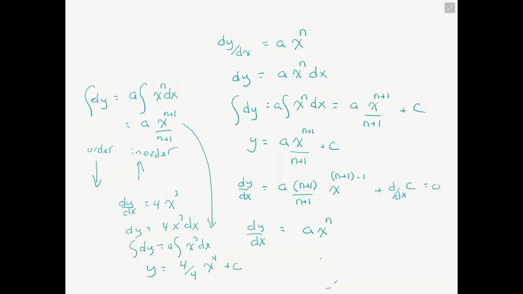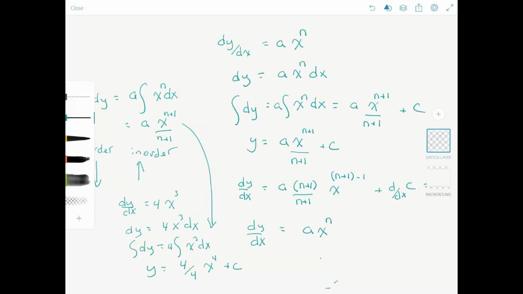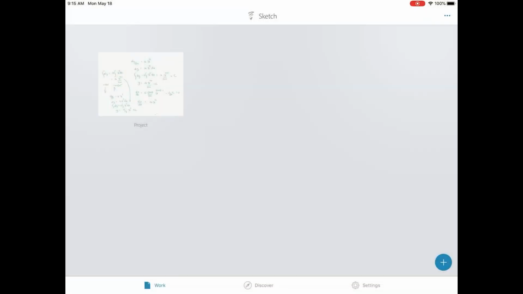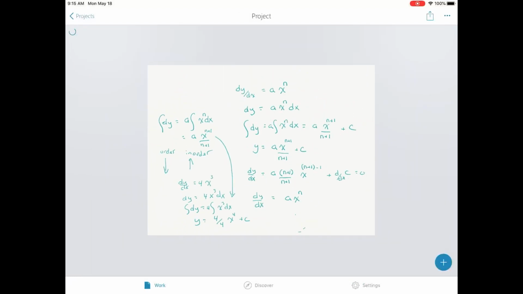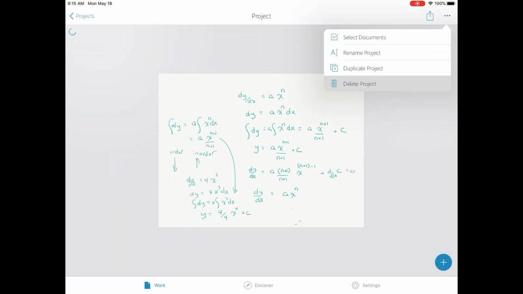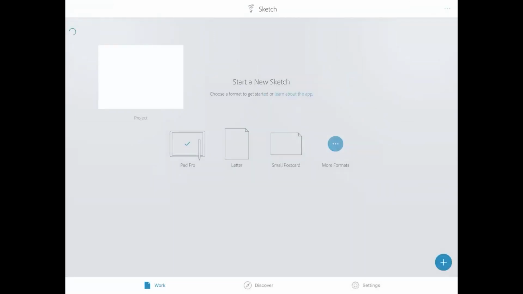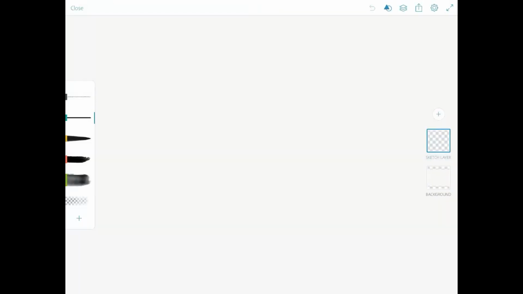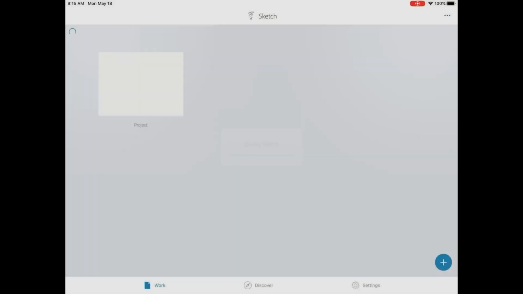And that's the answer of using this rule. So you can see why teachers like to call this the antiderivative, because it's opposite in its function to a derivative, and it's true in every case.